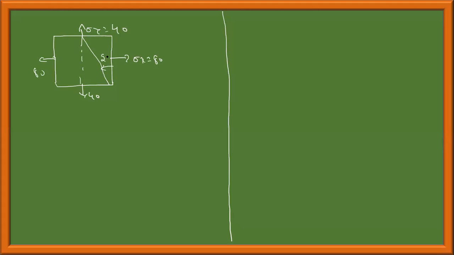This is making an angle of 20 degrees. What would be this angle? The alternate angle is 20 degrees only. Sweeping from the vertical, the hypotenuse is in counterclockwise direction.